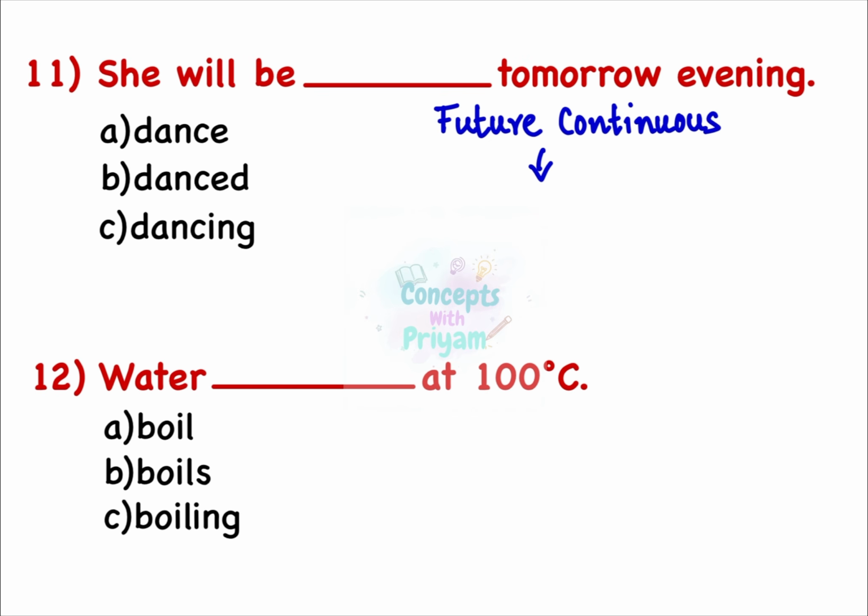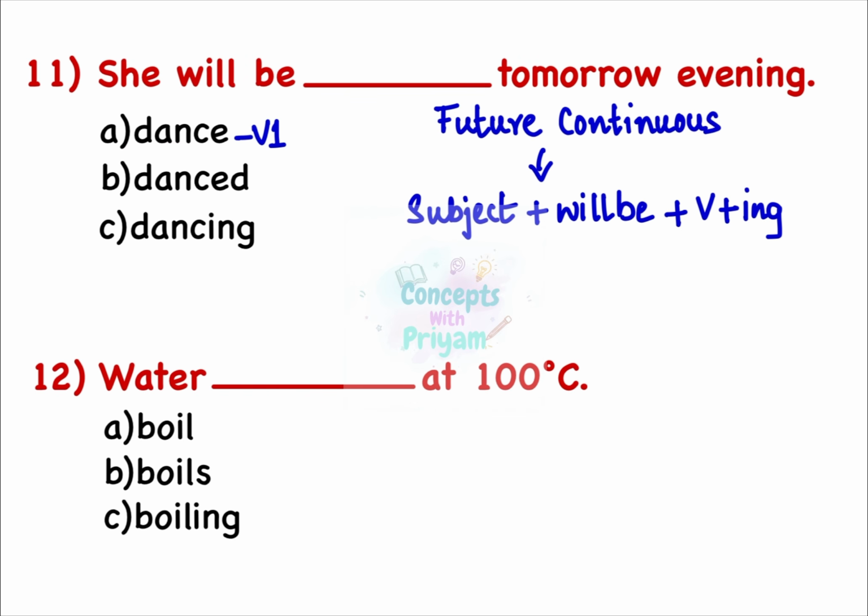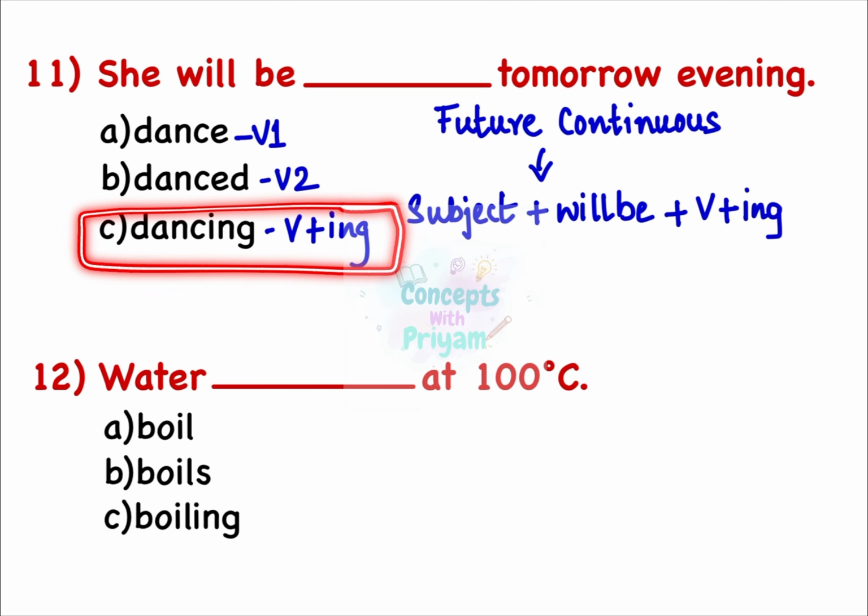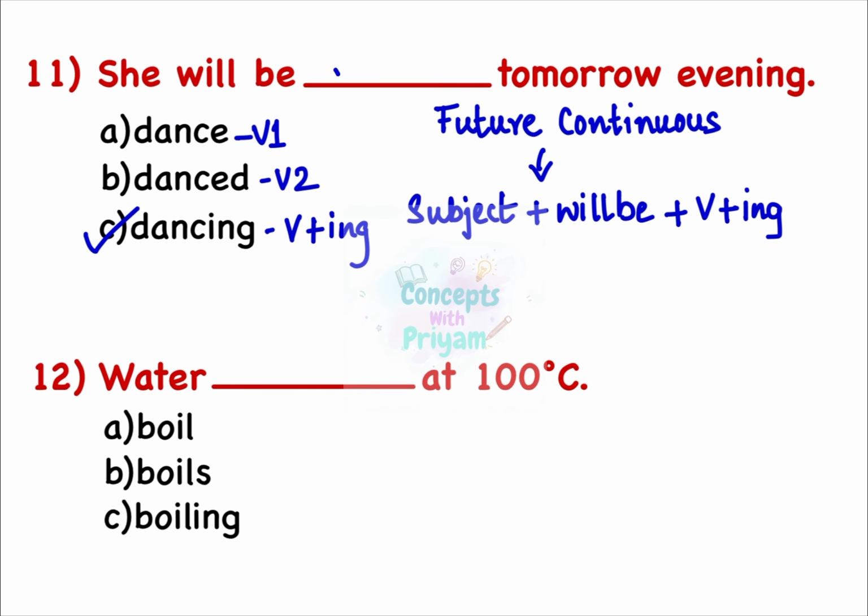And future continuous tense follows the structure subject plus will be plus verb plus ing. Dance is verb 1, danced is verb 2, dancing is ing form of the verb 1. So the right option is dancing. She will be dancing tomorrow evening.